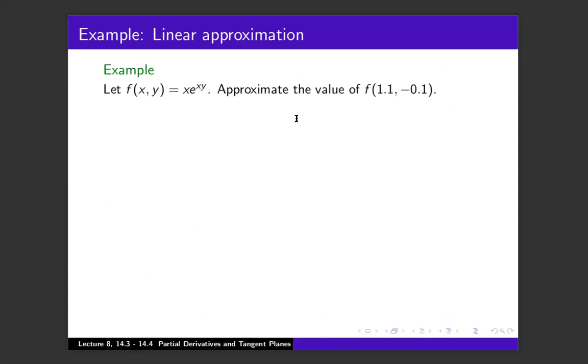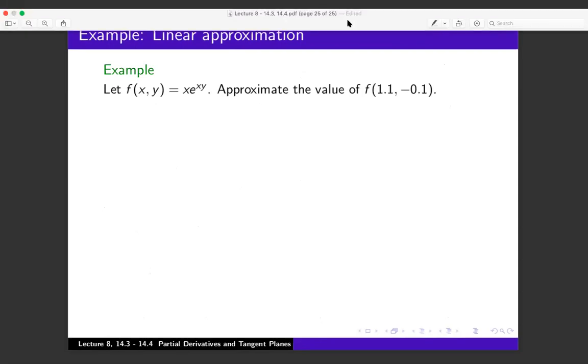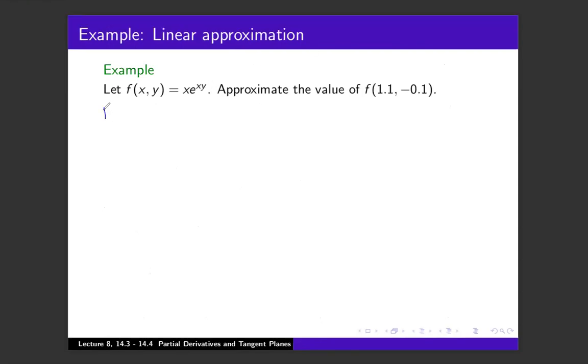So what if, for example, we wanted to approximate the value of f(1.1, -0.1)? Now here's your function f. f(x,y) is x e to the xy. Here's what we're not going to do.